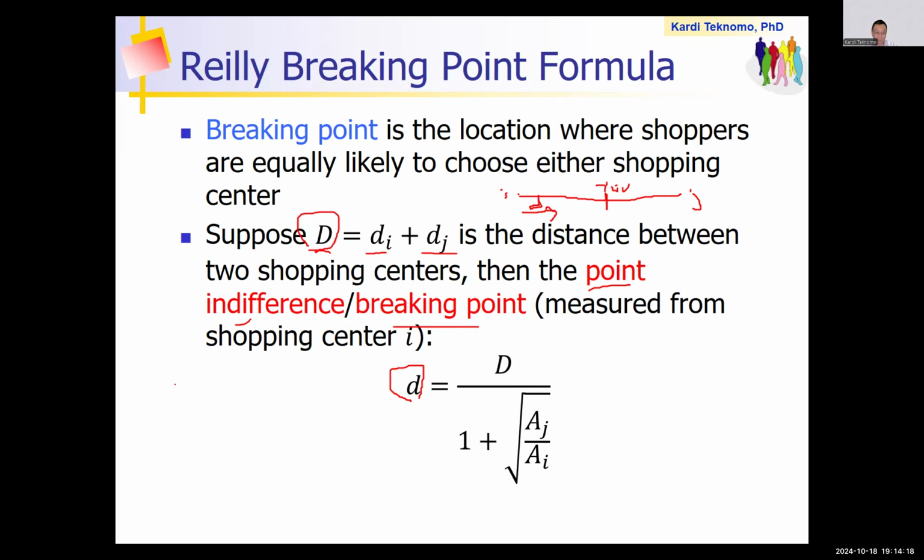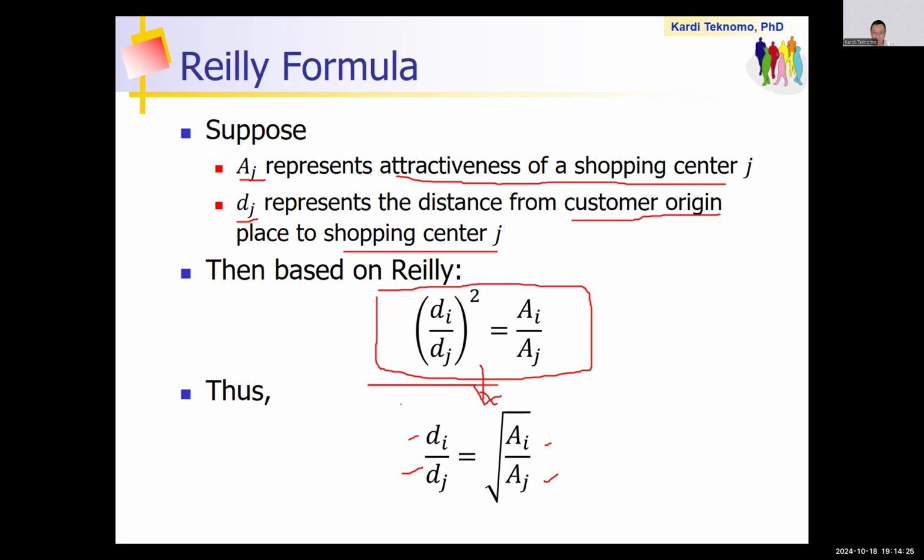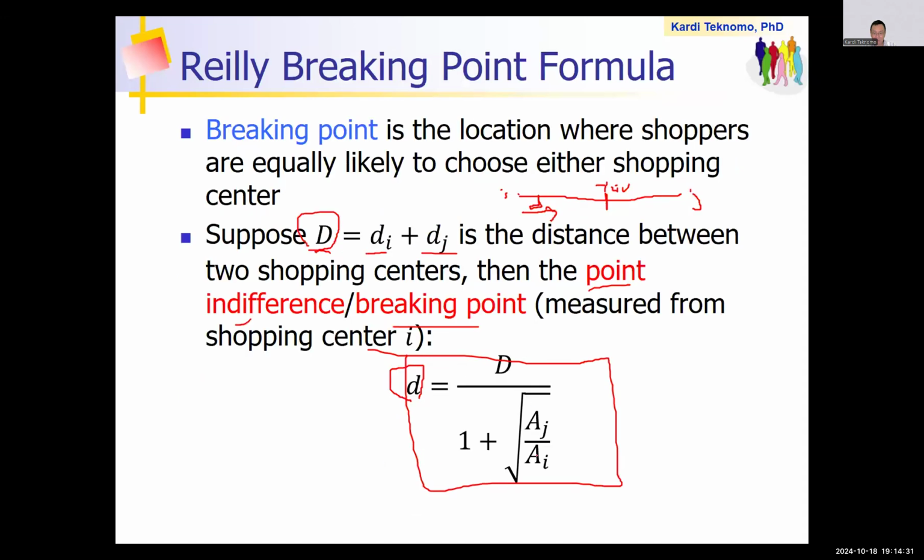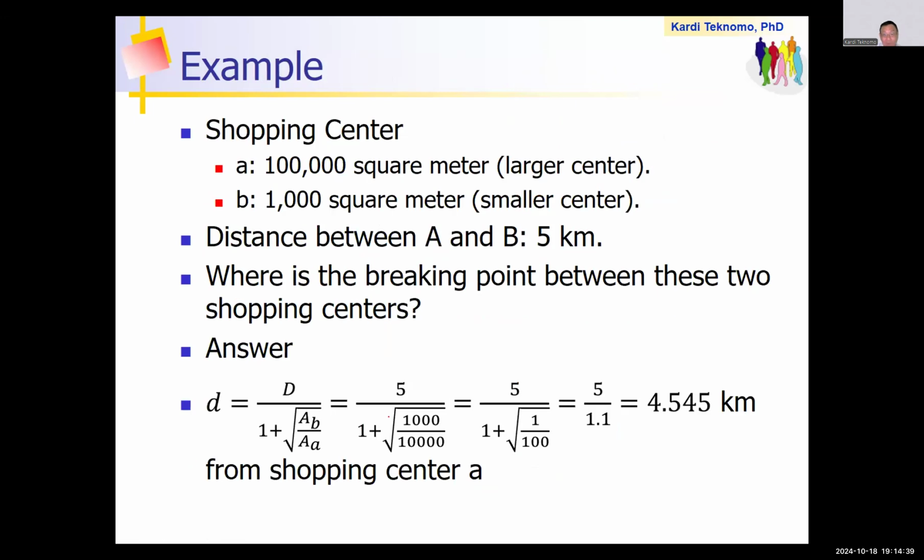Of course, this is the formula. Based on this formula, you can calculate d, so that you can get this formula. Let's use this for shopping centers. Suppose you have two shopping centers.